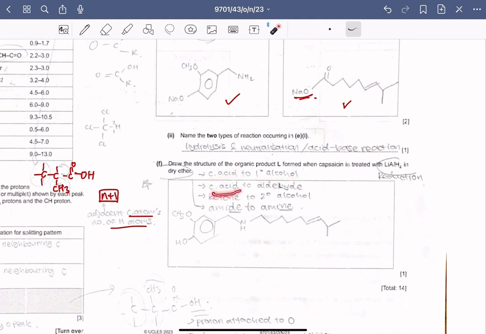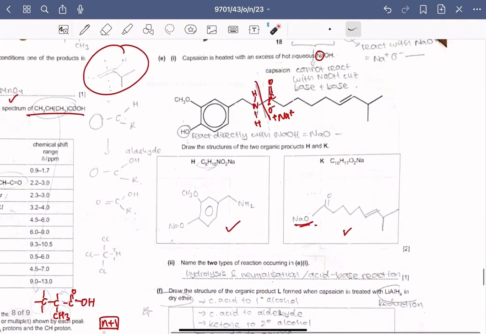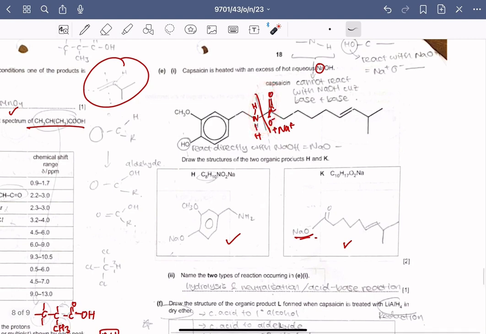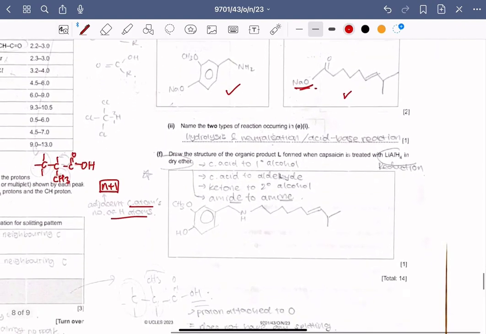Carboxylic acid can be reduced to aldehyde. Ketone can be reduced to secondary alcohol, and amide to amine. So the amide bond here, initially NH to C=O, becomes an NH bond only, and the C=O is gone, and therefore this is the structure.